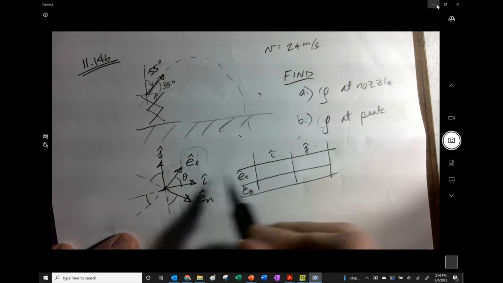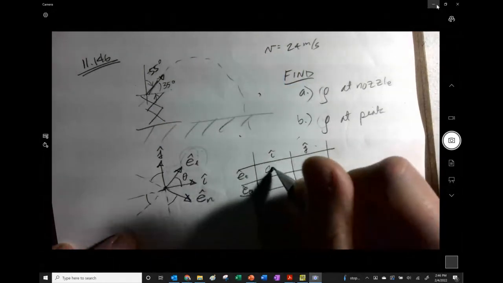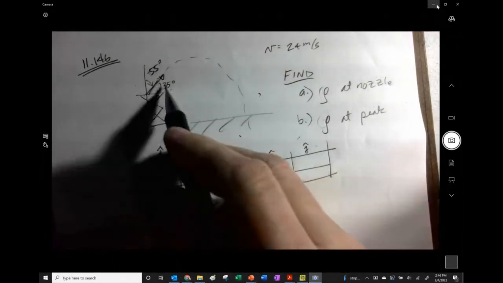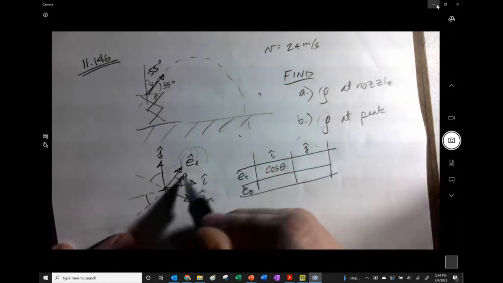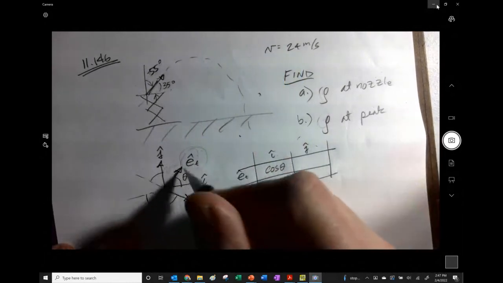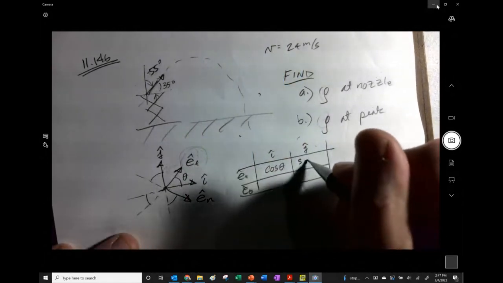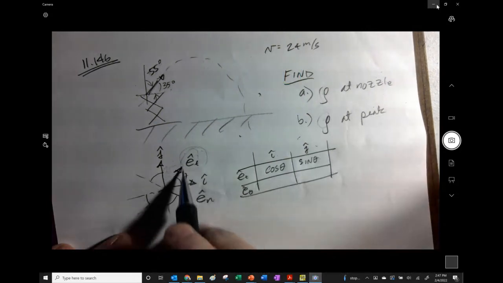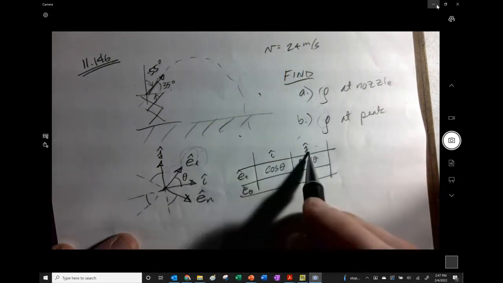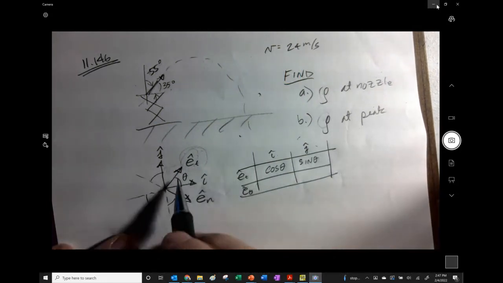So I and T are related to each other by the cosine of theta, assuming theta is 35 right there. And he's going to be positive sine, because he's going tangent compared to J. They're both upwards together.